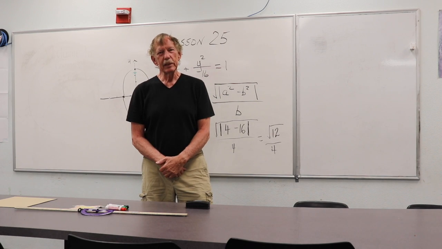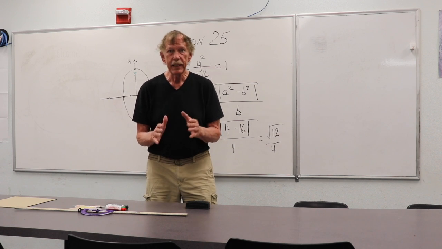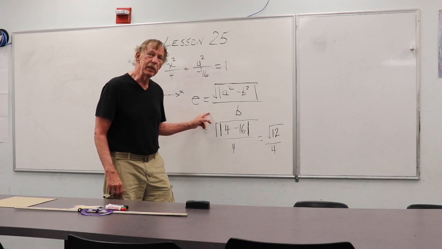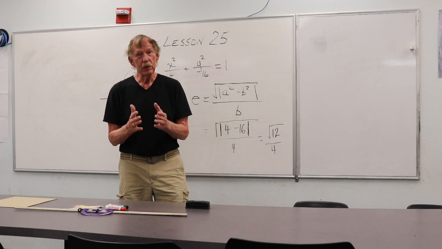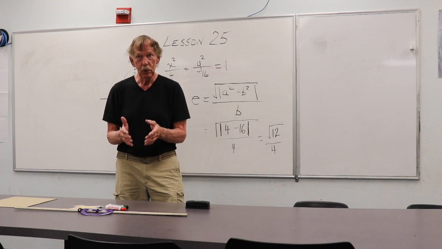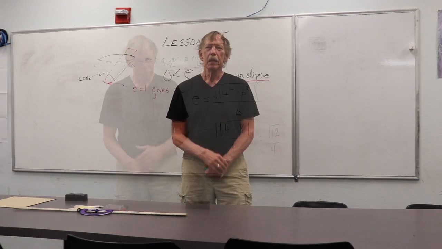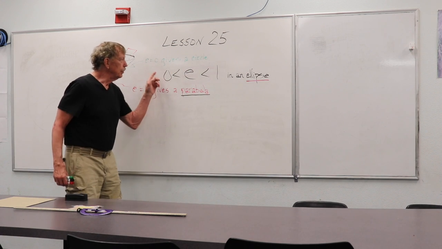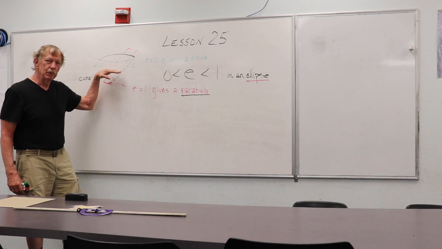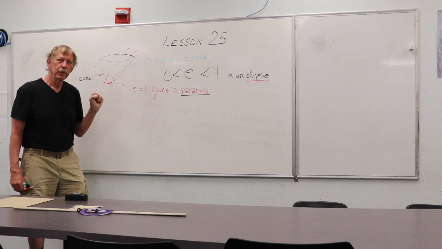Our next stop is going to take us back to cones and cutting planes and this ellipticity thing, and it's going to be a segue into what's coming for the rest of the school year. Stand by. Now let's talk about this ellipticity thing. You know that if the cutting plane is perpendicular to the axis, the ellipticity is 0, we have a circle. That's the green cut.